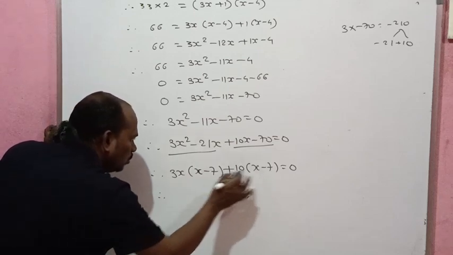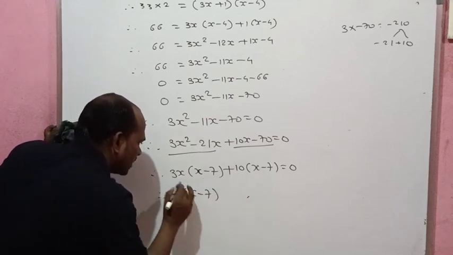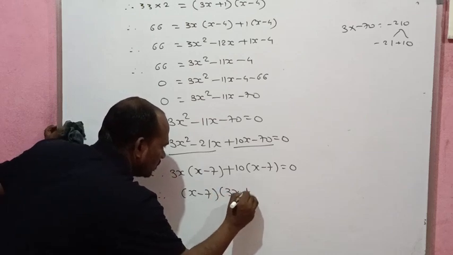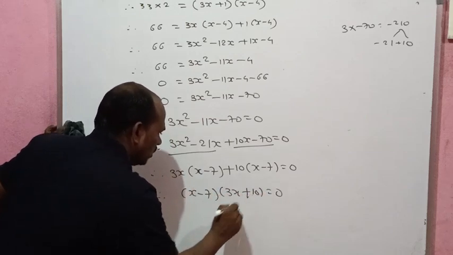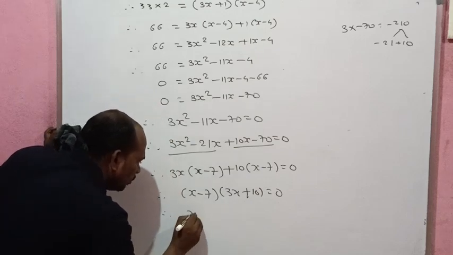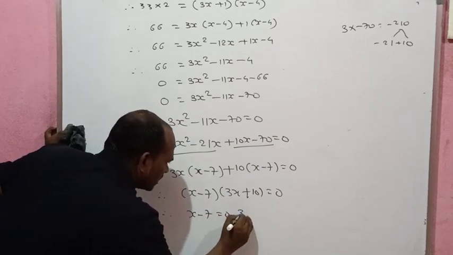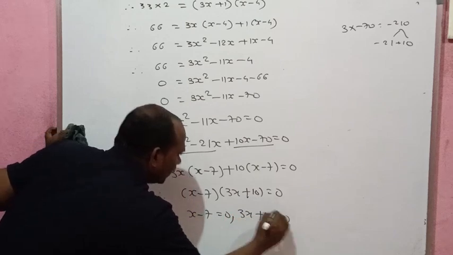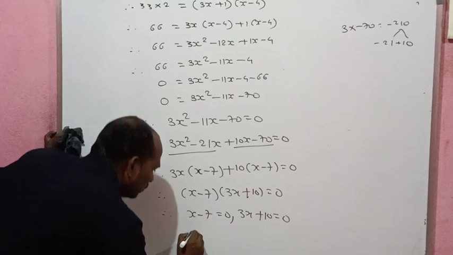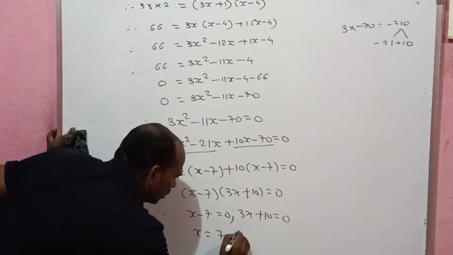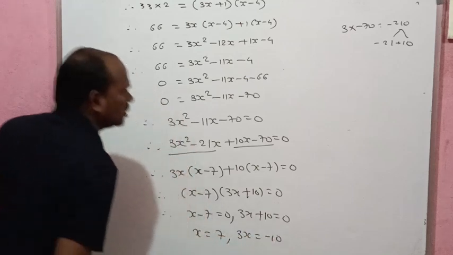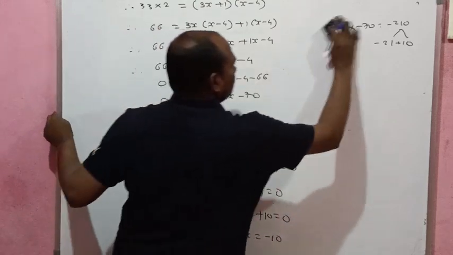Now we can collect one bracket x minus 7, another is 3x plus 10 equal to 0. Therefore x minus 7 equal to 0, 3x plus 10 equal to 0. Now x equal to 7 and 3x equal to minus 10.